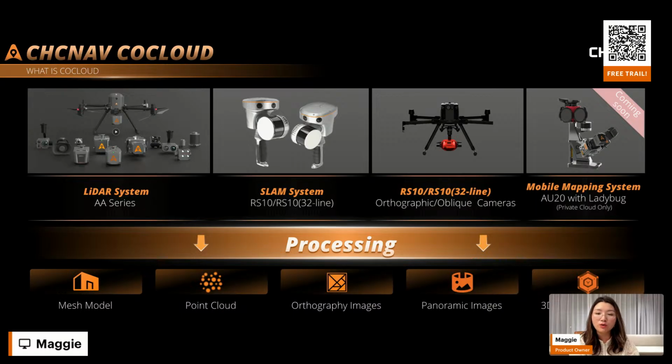In the future, we will support more and more devices to make its processing more and more powerful. And the output includes 2D and 3D results, including mosaic, point cloud, panoramic, or Gaussian splatting.